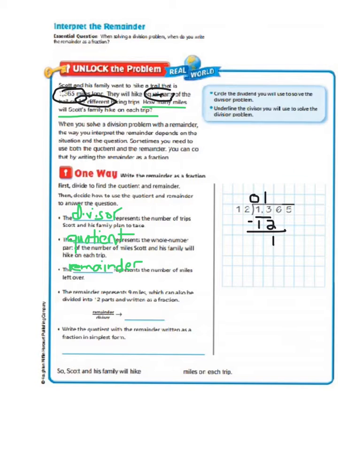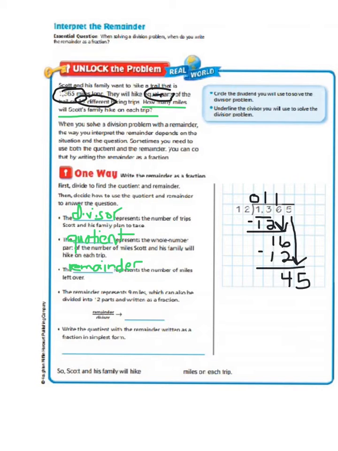So now we need to work on our tens column by bringing down our 6. So now we have 16 divided by 12. And again, we know that can go one time. 1 times 12 is 12, and 16 minus 12 is 4. Well, we still have our ones column that we need to work with. So we bring down our 5.